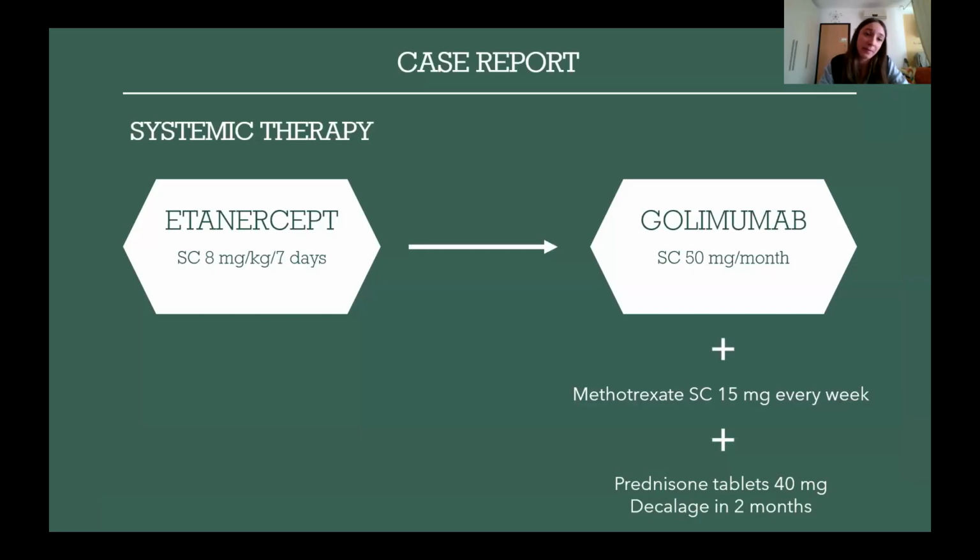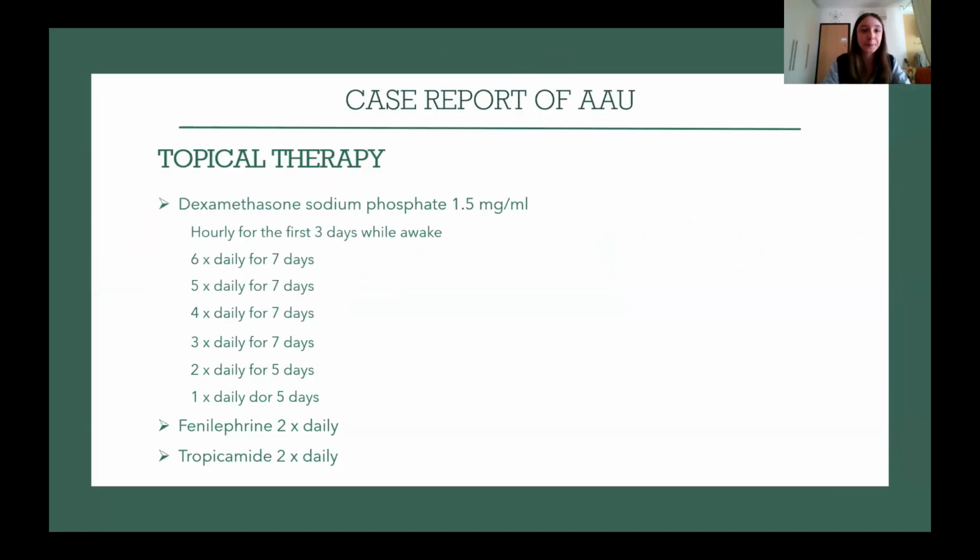For systemic therapy, we switched from etanercept to golimumab. He continued with methotrexate, and we added prednisone tablets with a tapering in 2 months.